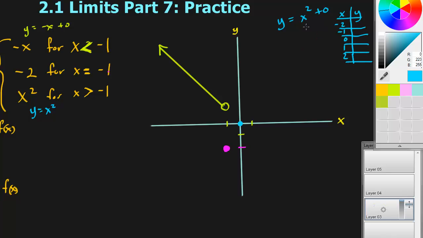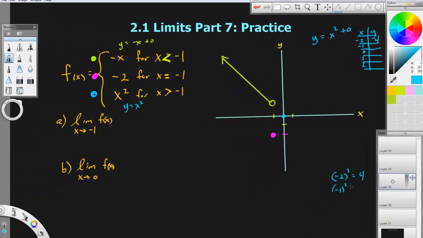At negative 2, if I plug in negative 2 here and evaluate that, negative 2 squared is going to equal 4. If I plug in negative 1, squared is 1. 0 is, of course, going to be 0 squared, which is 0, thus the blue dot there. If I plug 1 in, 1 squared would be 1, and 2 squared would be 4.